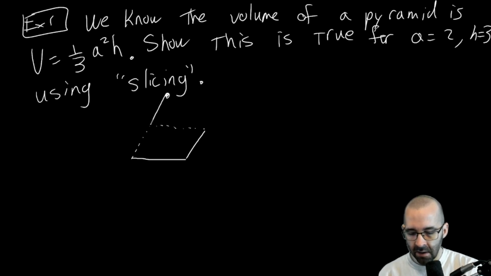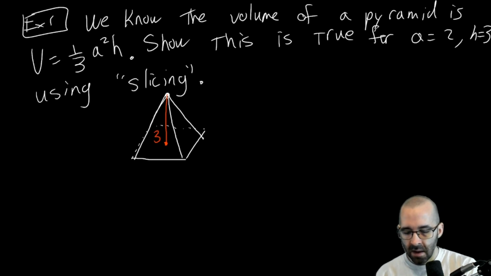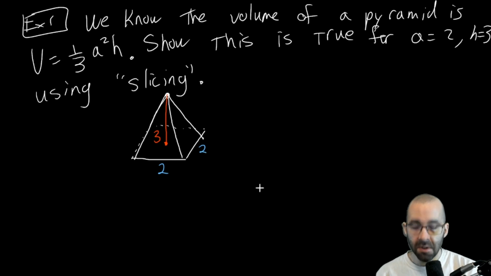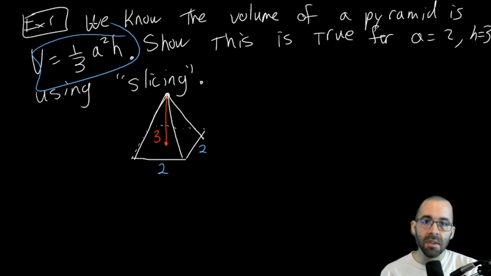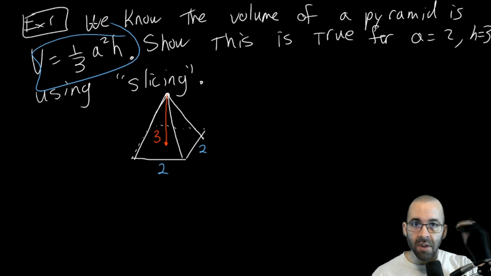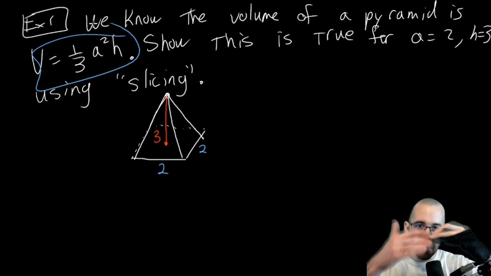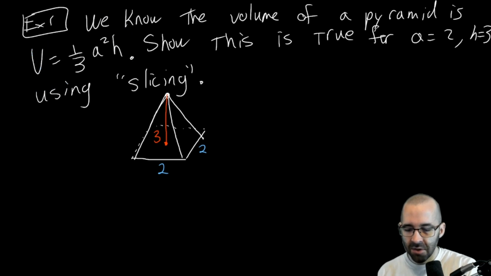And we know that the height of this pyramid, it's kind of hard to show, is 3 units, and the base is 2 by 2. So we can find the volume just this way. But let's try to find the volume using cross sections and integrals and show that it should match up.